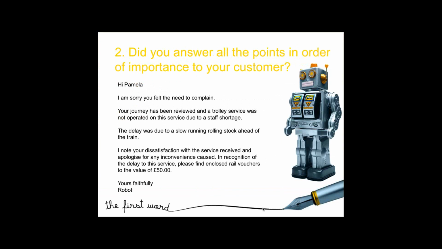Well, really it's the delay. I mean, yes, it's nice to have a cup of tea on the train, but what she's really bothered about is the delay. But the first thing that the robot picks up on here is the trolley service, because the robot is robotically just matching everything that this customer has said, like a tick list.